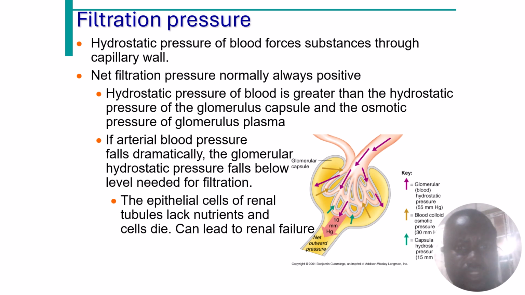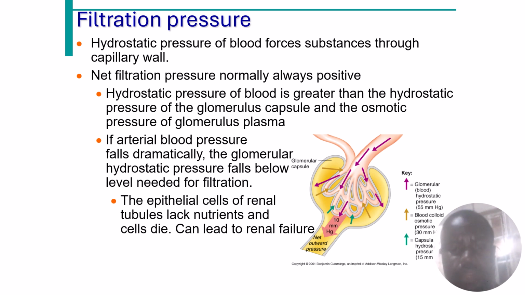After filtration, we have to understand that what causes filtration is what is called filtration pressure, or the net filtration pressure. This net filtration pressure is the difference between the pressure exerted by the water part of the blood and the pressure that is keeping the plasma within the blood vessels.